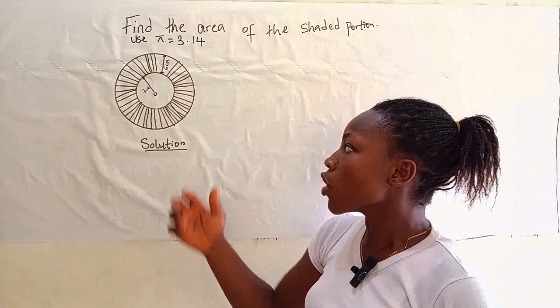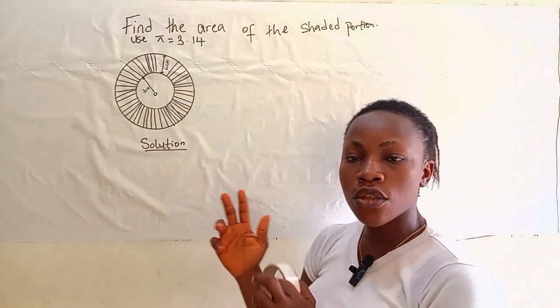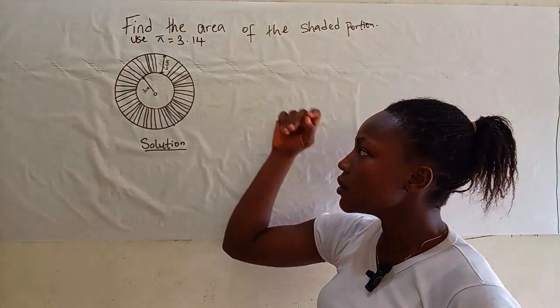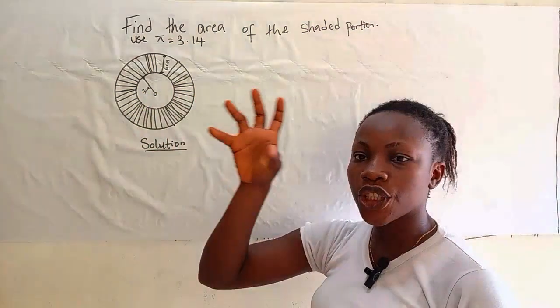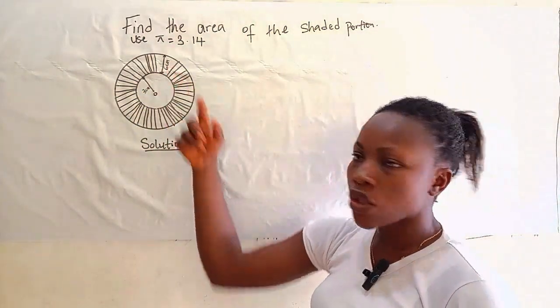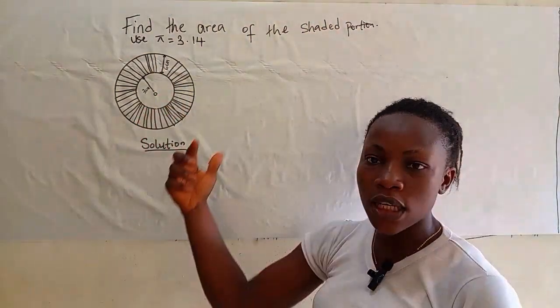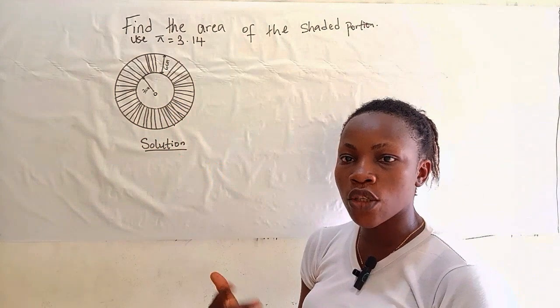The radius of the smaller circle is known, while the thickness of the shaded portion is also known, but the radius of the bigger circle is not known. So we have to find it.